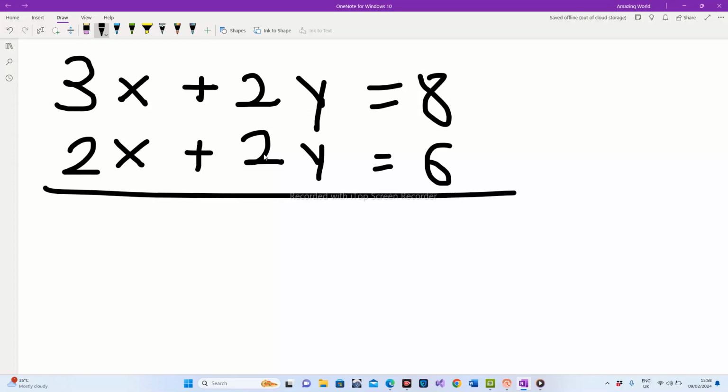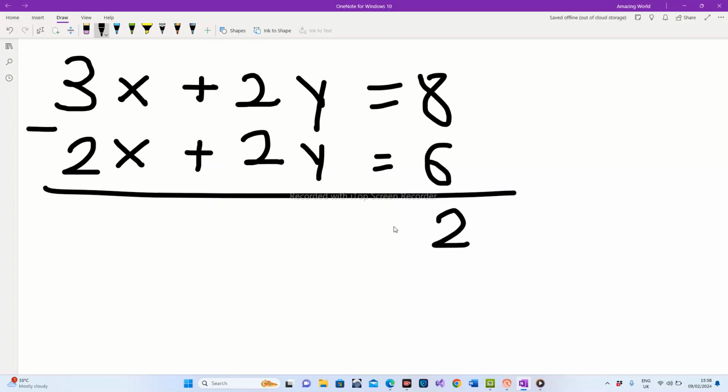Very simple. We just subtract. We subtract equation 2 from equation 1, just as we did in the example I just showed you of our very elementary mathematics. So why can't we apply that principle here? Let's go. 8 minus 6, that gives us 2.